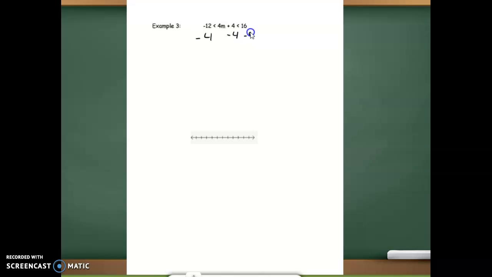Okay? So again, I'm going to try to get my variable by itself, right? So negative 12 minus 4 is negative 16, right? And then 8 minus 4, what is that, 4? Now I'm going to divide by 4 on both sides, right?